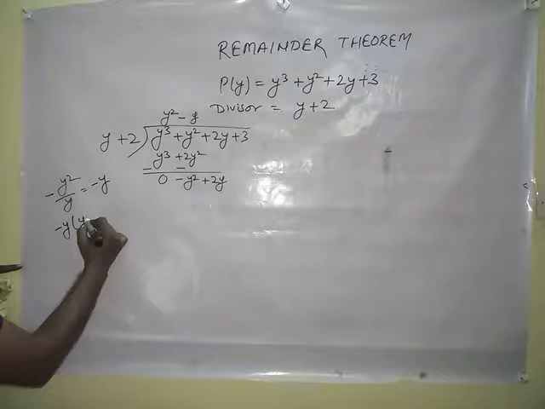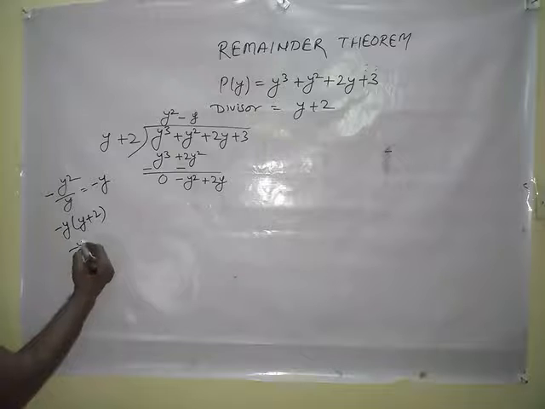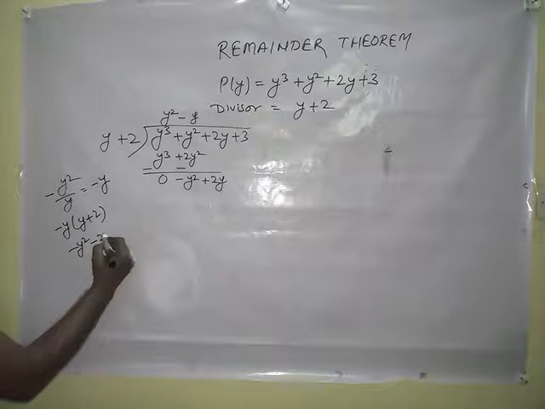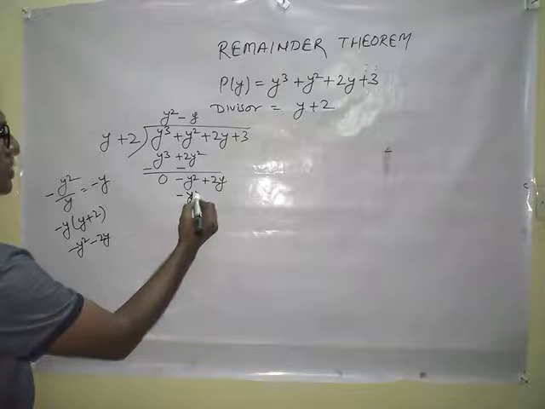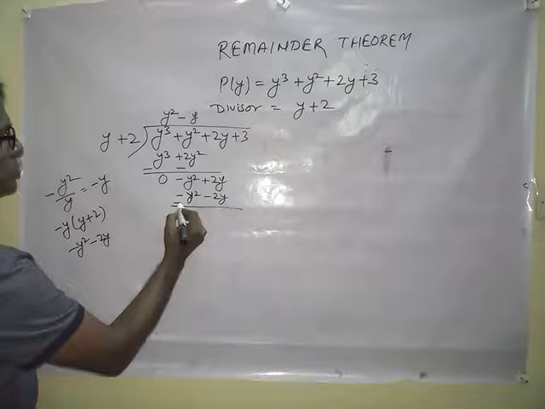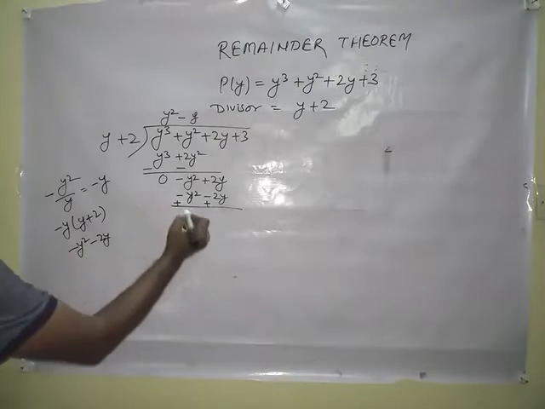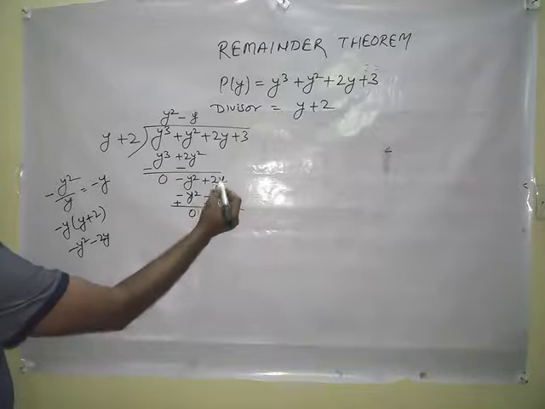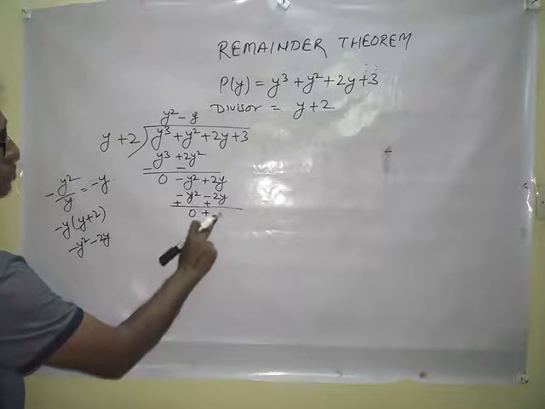Minus y multiplied by y plus 2 is minus y square minus 2y. You have to subtract, then it will become plus. Y square will get cancelled. 2y will become plus 4y.